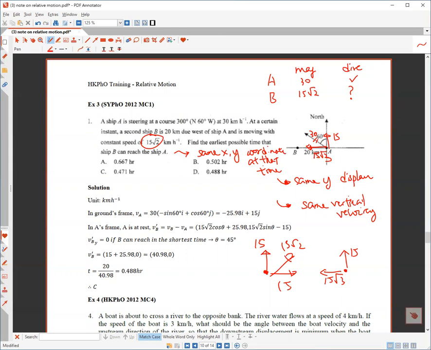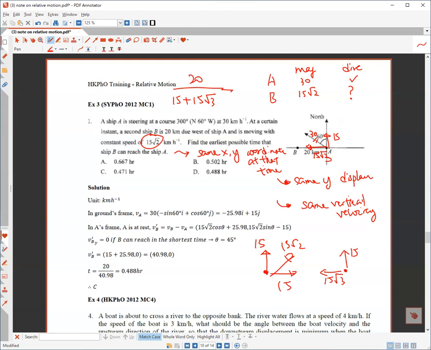We just consider horizontal motion. Initially they are 20 kilometers apart. Then one has a speed 15, one has a speed 15 square root 3. So the relative velocity in the horizontal direction is 15 plus 15 square root 3.